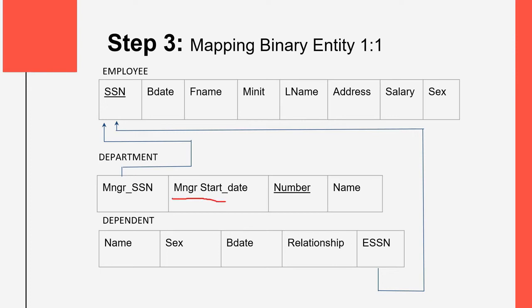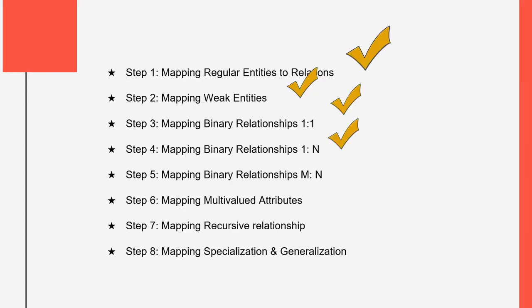We put the manager start date attribute. This is also important: if the relationship has its own attribute, you must put the attribute in the relation table where the foreign key is. Okay, so that is how we do step 3. So we're done with step 3.